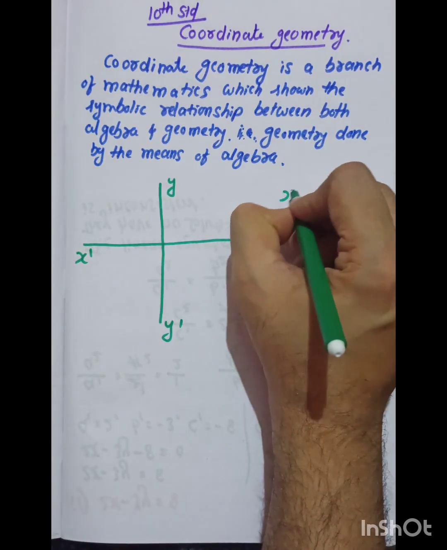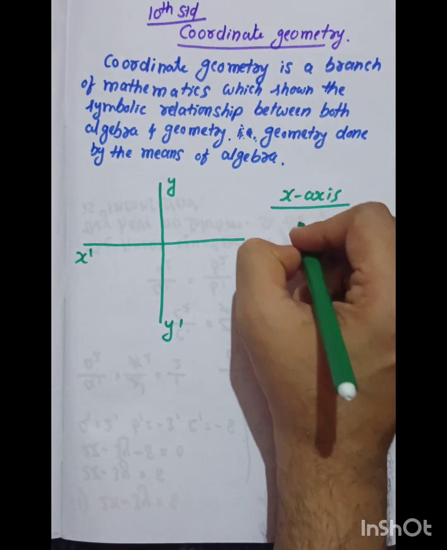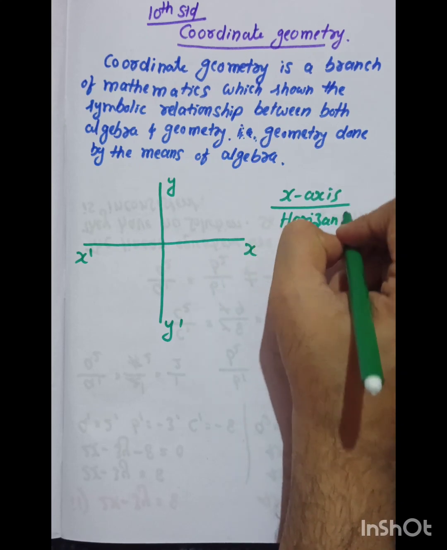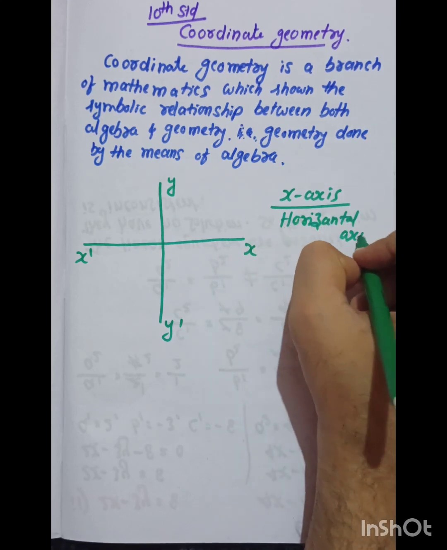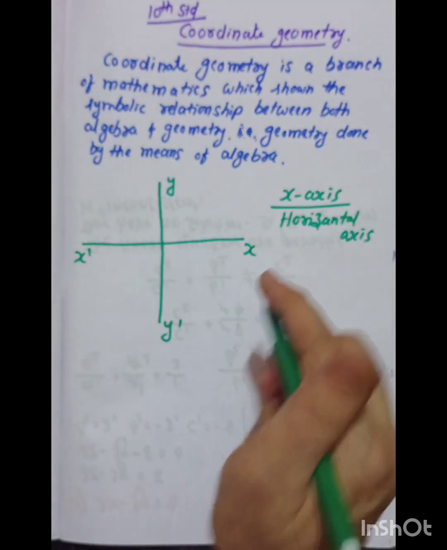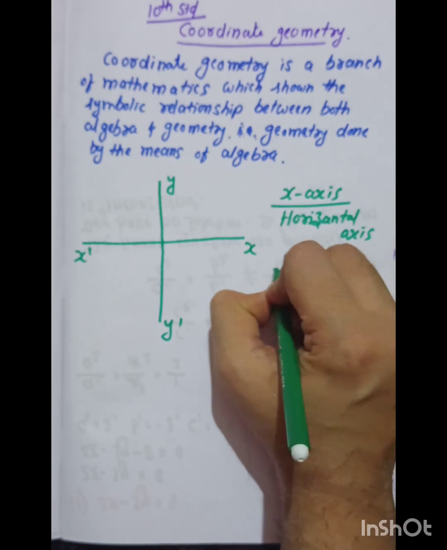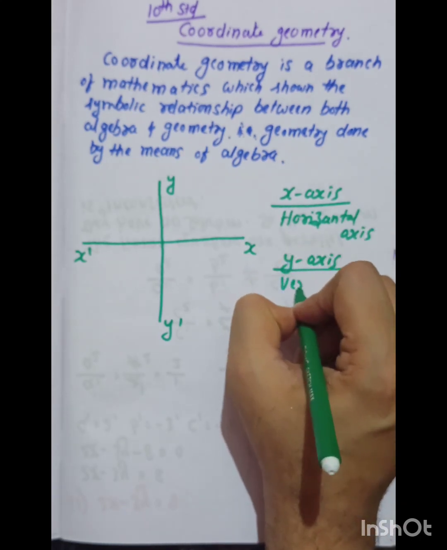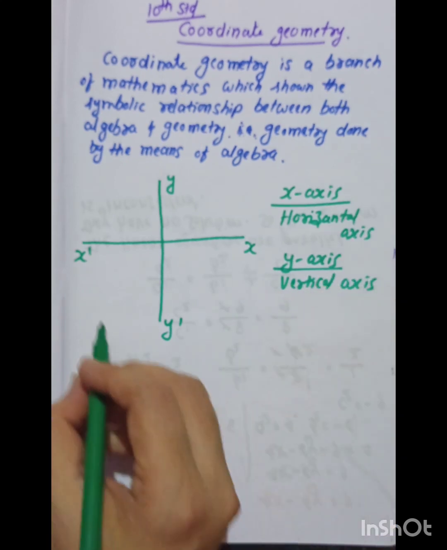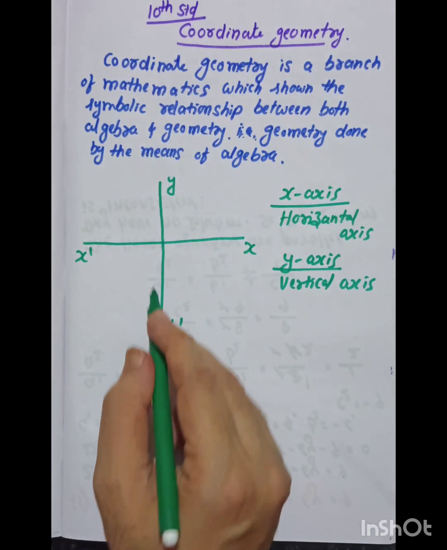I will write: x axis is called horizontal axis, and this y axis is called vertical axis. This is the horizontal axis and this is the vertical axis.